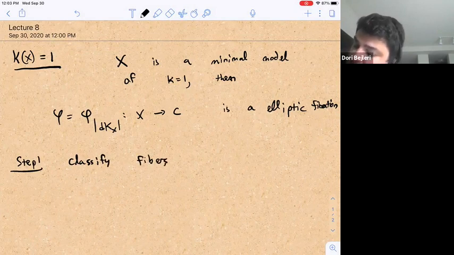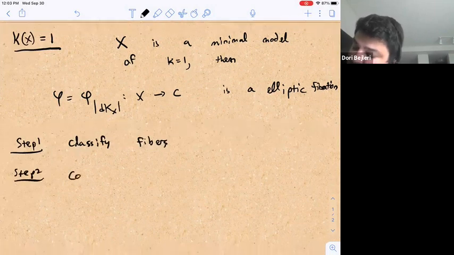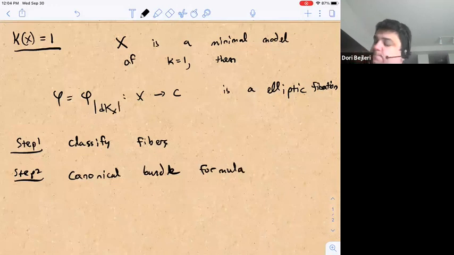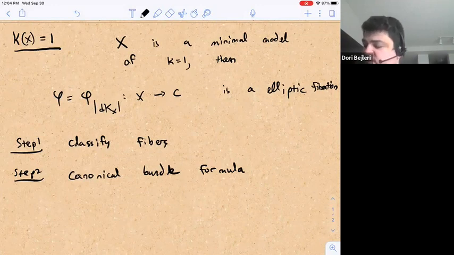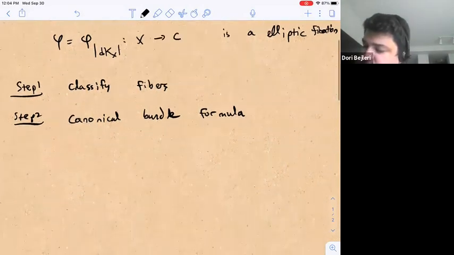And then step 2, which is the last thing we were talking about, was the canonical bundle formula, which essentially lets us classify the base as well as the variation of the family. So let me recall the actual formula.